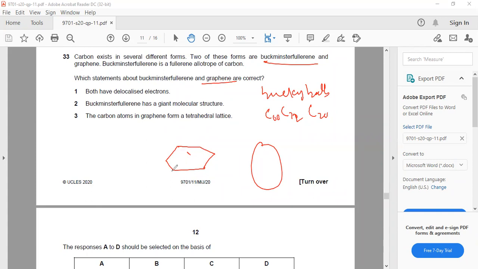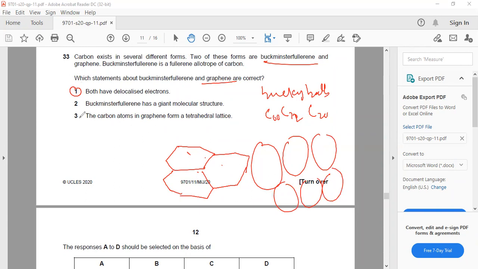Graphene and graphite both have delocalized electrons, keep in mind. But graphene conducts electricity, not buckyball, because the balls are separated from each other as molecules. Buckminsterfullerene is not giant, it is a simple molecule, Buckyballs. 2 is wrong, 3 will be wrong. Graphene forms a hexagonal lattice.